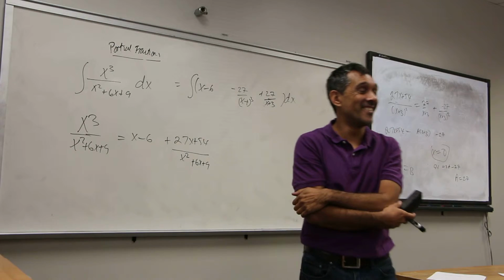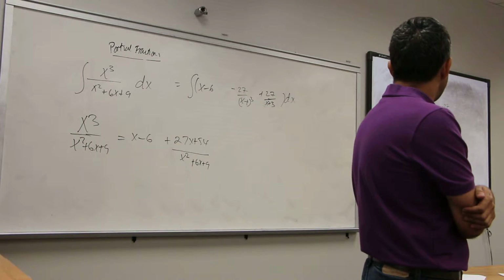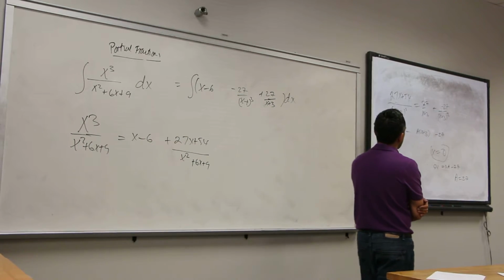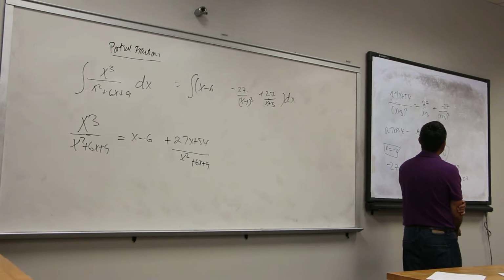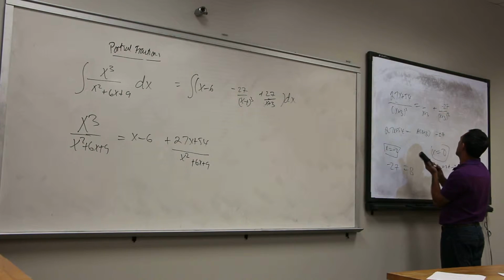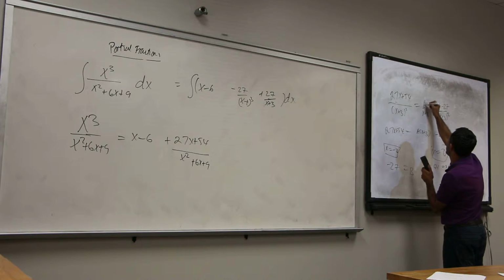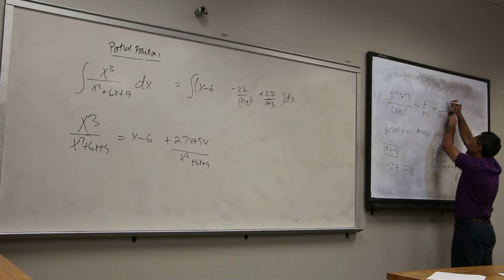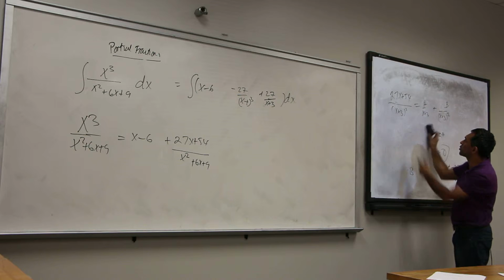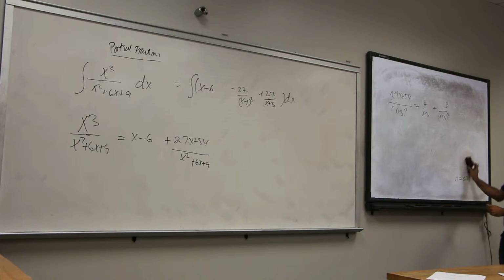If you plug in negative 3, don't both of them cancel out because you get 2 zeros? There's nothing to plug into B. Mr. Harris, when you clear the fractions here, what do you get?